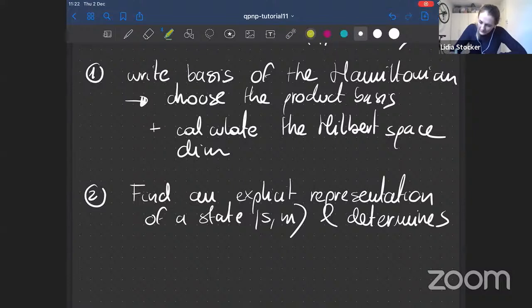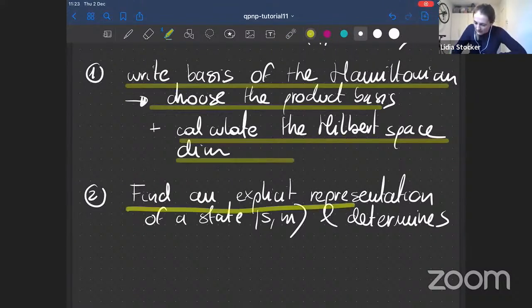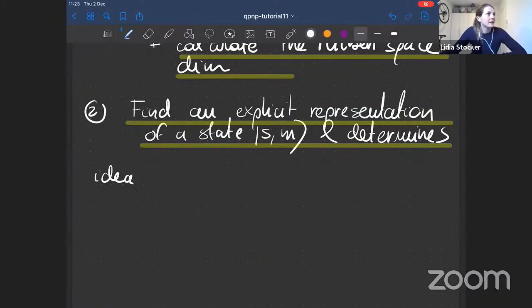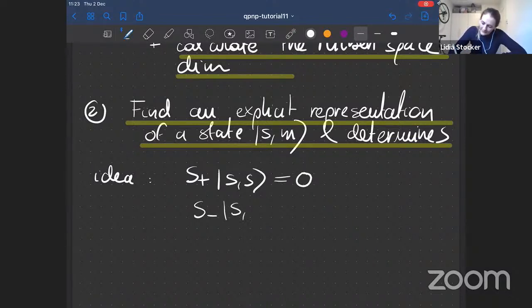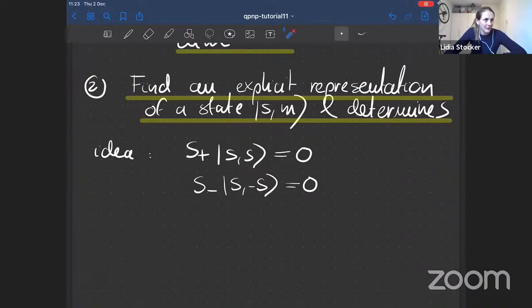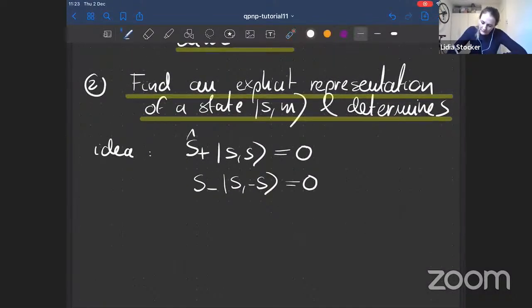And now I'm telling you what I mean here. So here we can underline everything which is what we want and then what to do. The idea is that we use some properties of the lowering and raising ladder operators, and this is that S plus of S, S is equal 0, and S minus of S, minus S is equal 0. So this is my M value, and this is my minus M value. And these we saw in the lecture, and it also follows from the representation of the two operators, which I put with a hat.